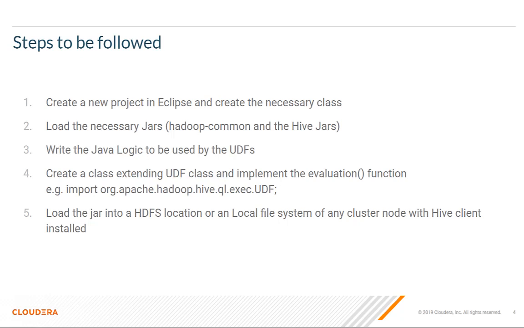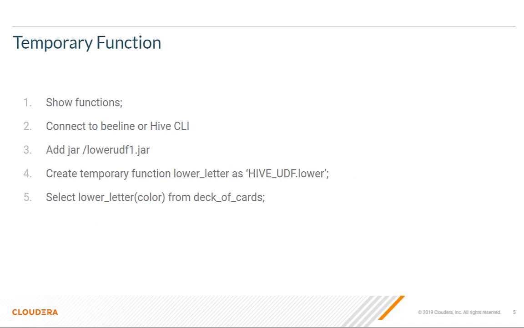But today we will look at a plain simple UDF, on how to create and execute it, right? We will see a temporary function and a permanent function. It will be better if I just show you in practical. Let's start.